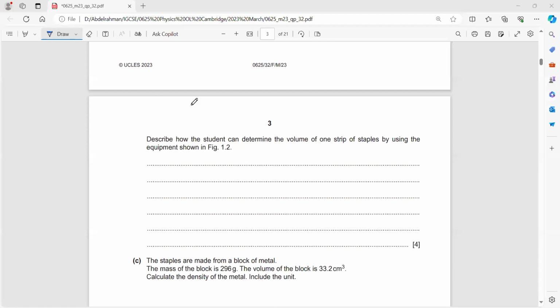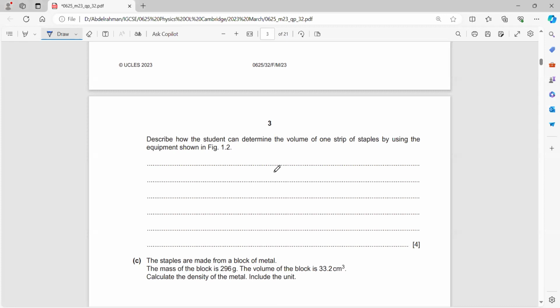Yes, tell me. He's going to measure volume 1, then after he places the strips into the water, measure volume 2, and then he will do volume 2 minus volume 1. So of course, add some water to the measuring cylinder initially.